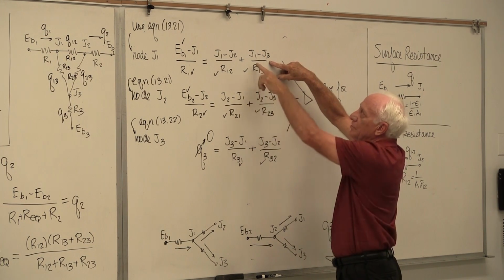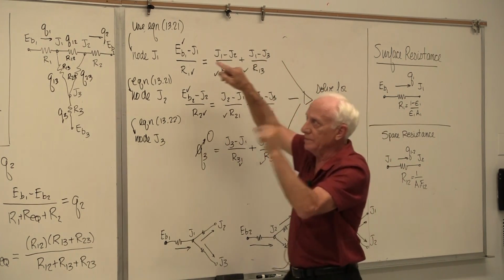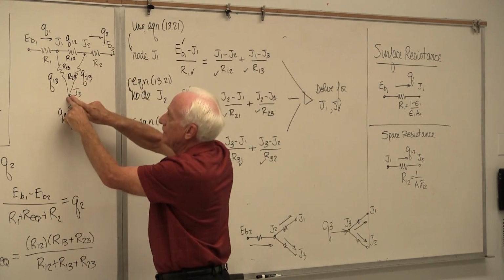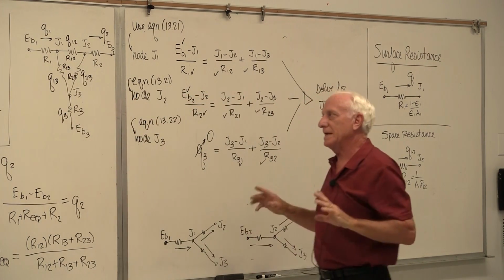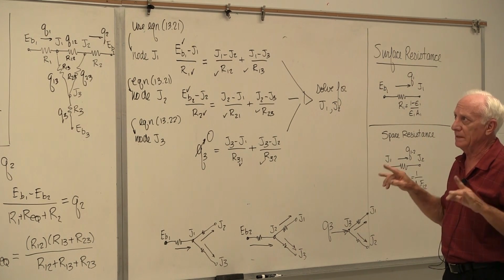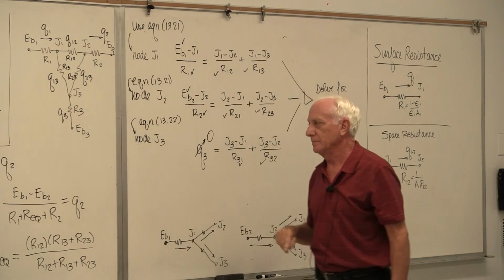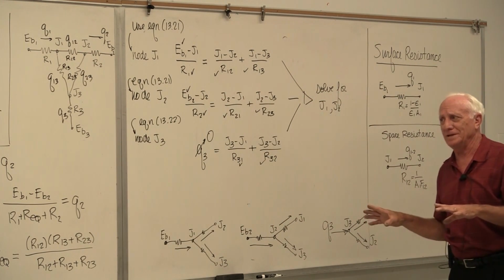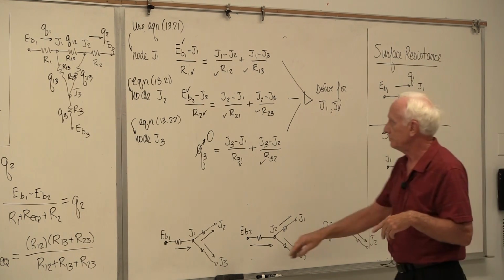If J3 is greater than J1, then heat flows that way. So by comparing the J's, you can tell which way the heat flows. The heat flows from the high J value to the low J value. Not so important in a 3 surface enclosure, but in a 6 surface enclosure, this room, oh yeah, it helps dramatically.